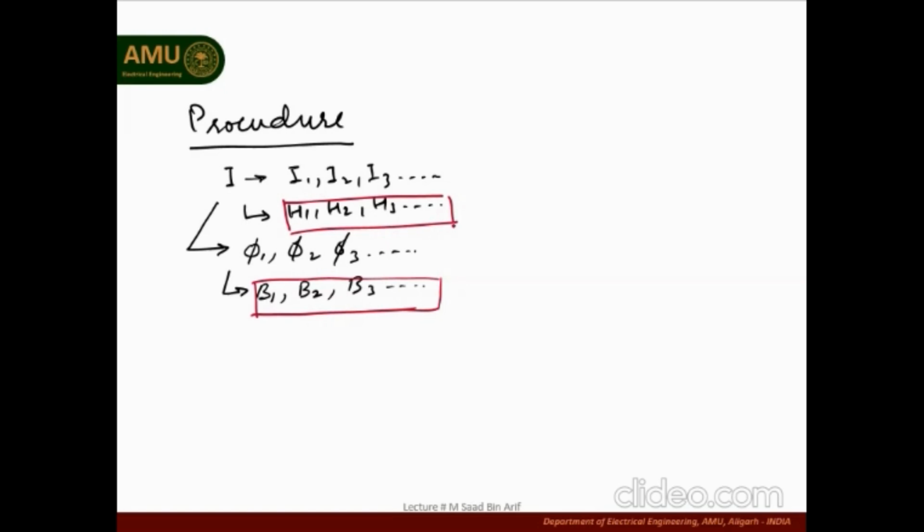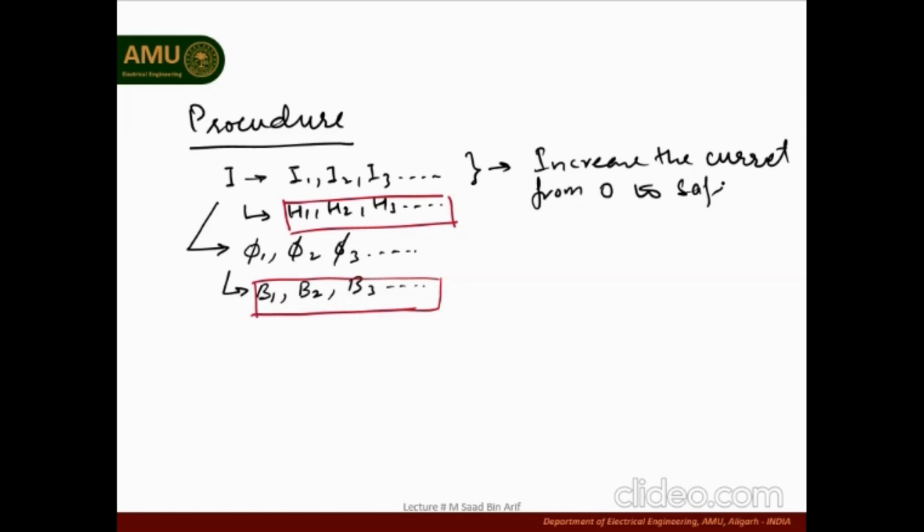So, in order to have different values of H, what we will do is, we will increase the current from 0 to some safe value.